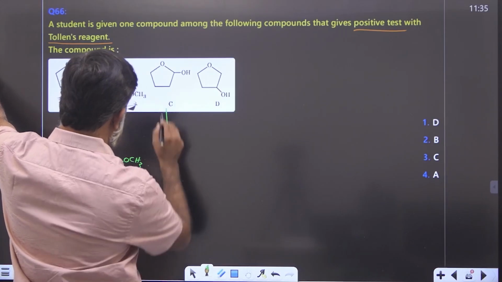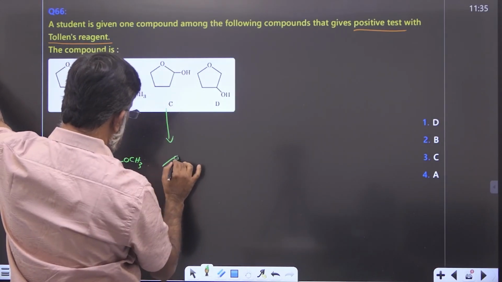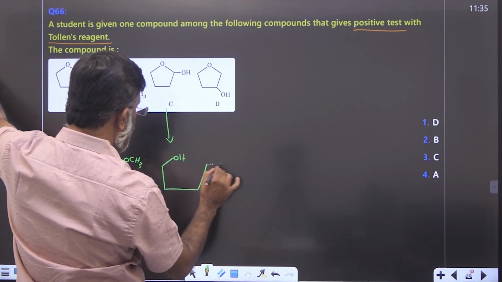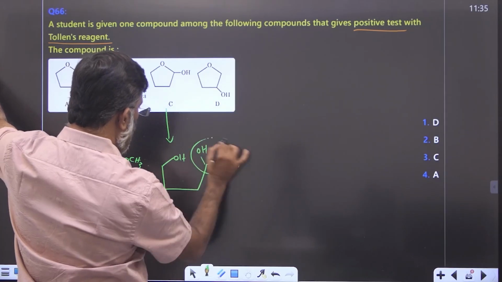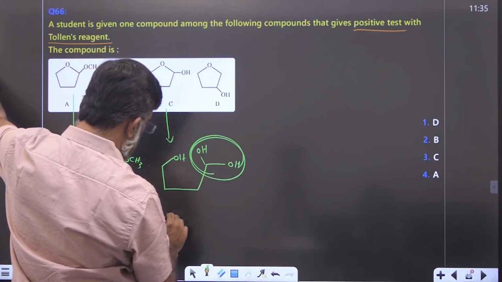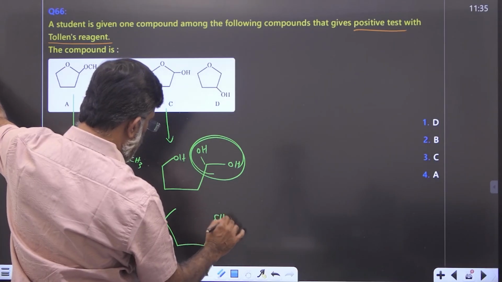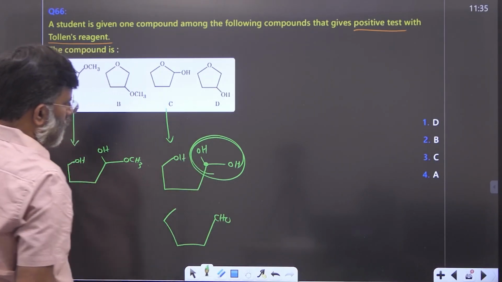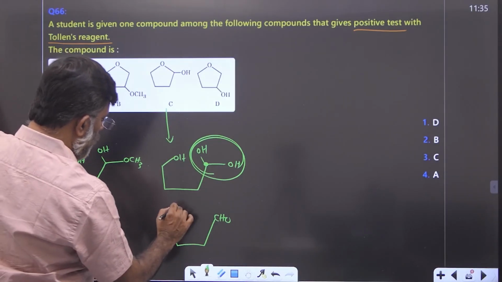Because as you can see, upon hydrolysis, this molecule will open up. And you have one OH group here, and here already one OH group, and here there will be one OH group. This will turn into an aldehyde group, because two OH groups on one carbon is unstable, it will be converted to an aldehyde group.